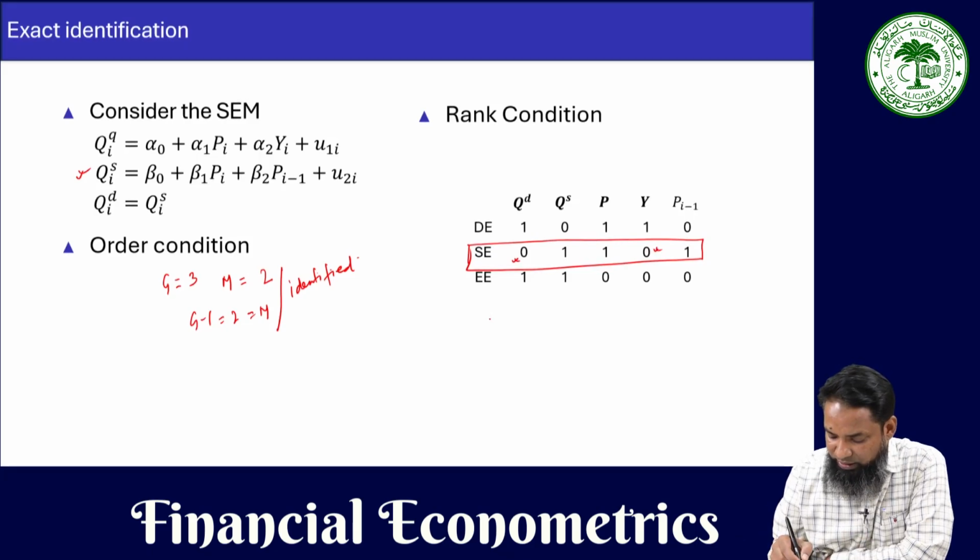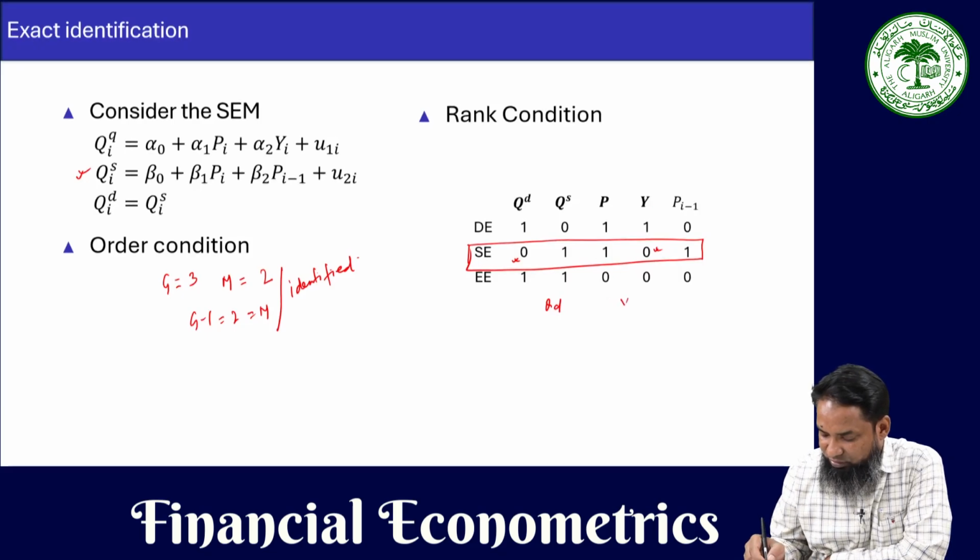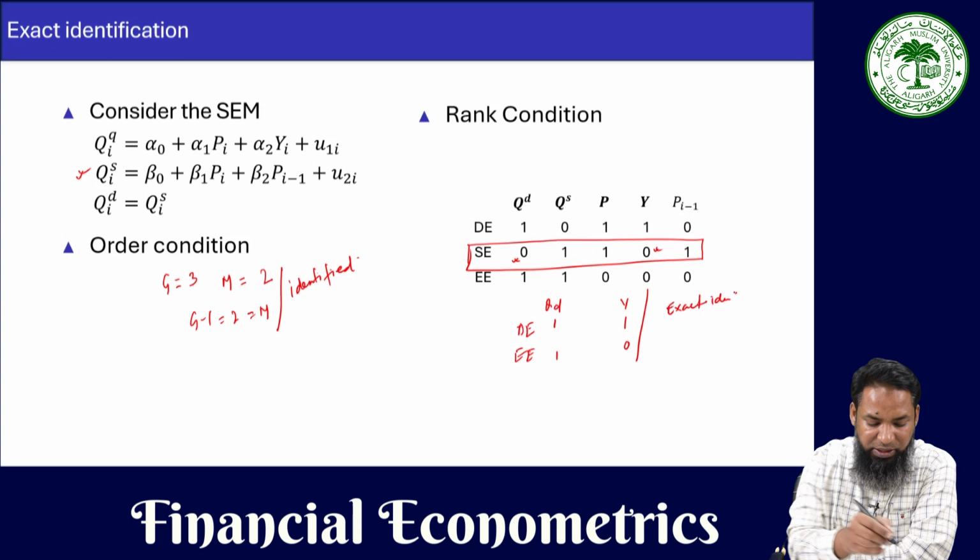That means we have this quantity demanded and Y. Here we have the demand equation, and here the equilibrium equation: 1, here 1, 1 and 0, and we have seen that this is the case of exact identification.